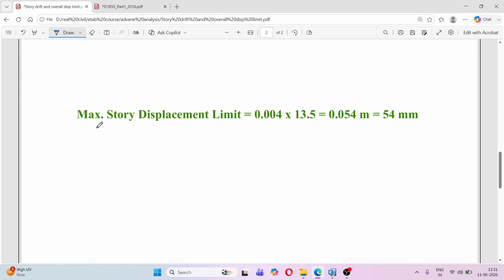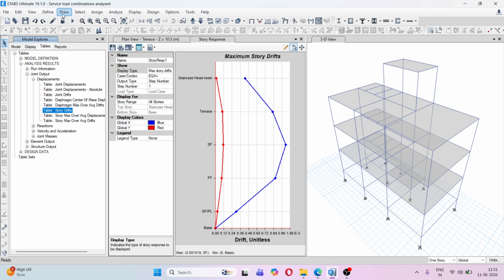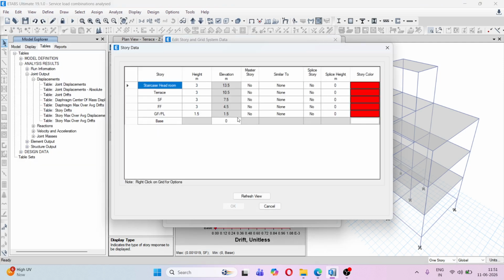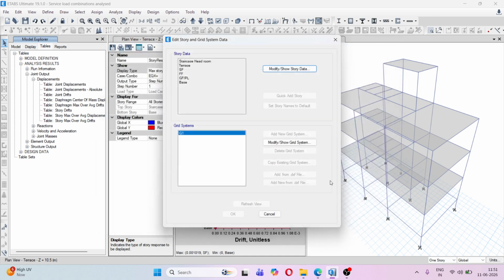The limit for our structure, the maximum overall displacement of the building, will be 0.004 times 13.5. 13.5 is the height of the structure. You can check here, 13.5 meter is the height of my structure.